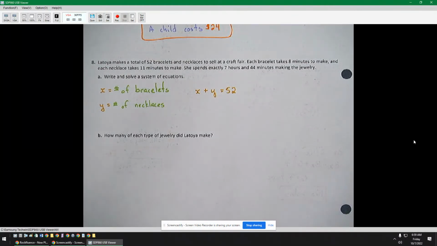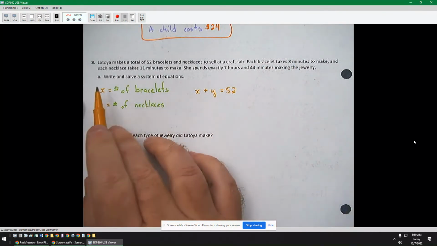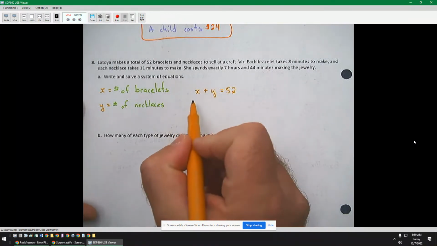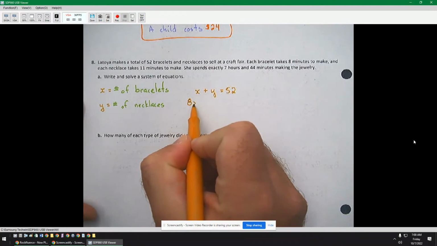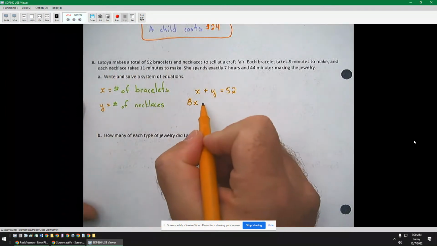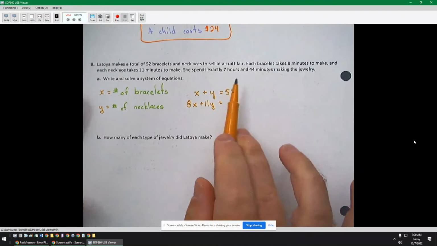Then the second part of the story talks about how long Latoya spends making these. So the bracelet takes 8 minutes to make. So if you made one bracelet, it takes 8 minutes. So every X that you make, you're going to need 8 minutes to make it. And then each necklace takes 11 minutes to make. And now this gets interesting.